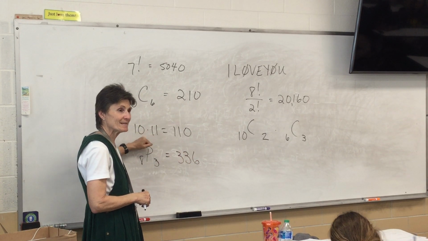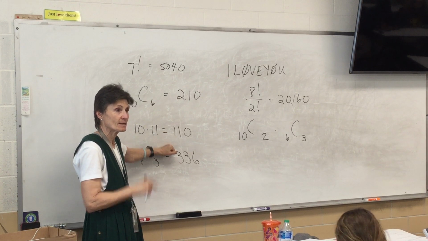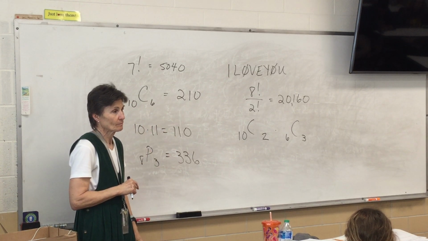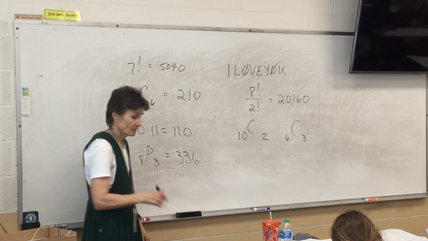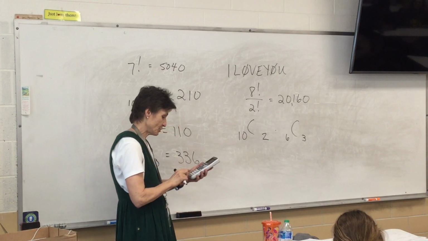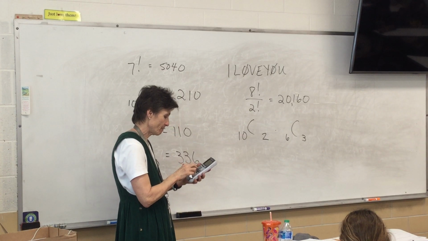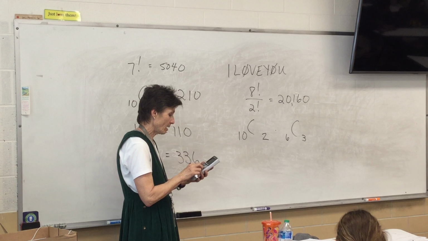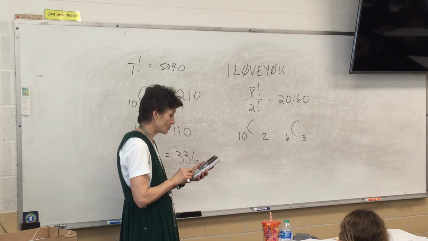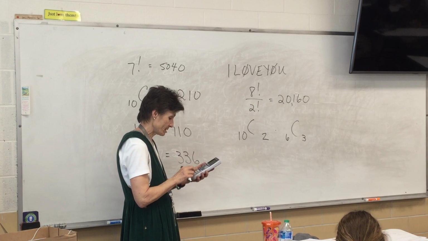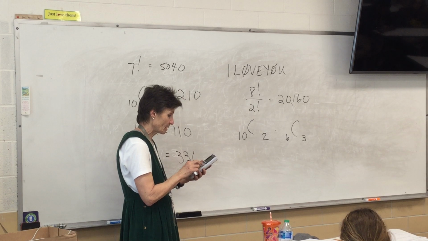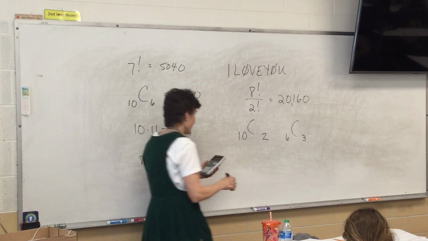If you're doing this and this, you multiply. So 10C2 times 6C3. The answer is 900.